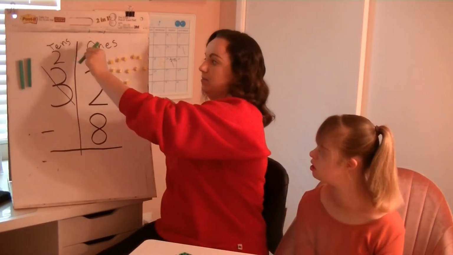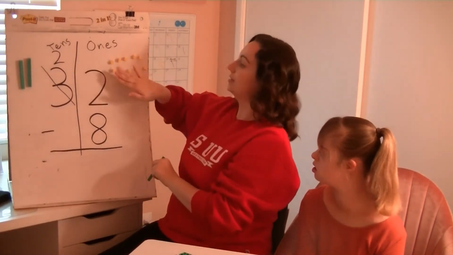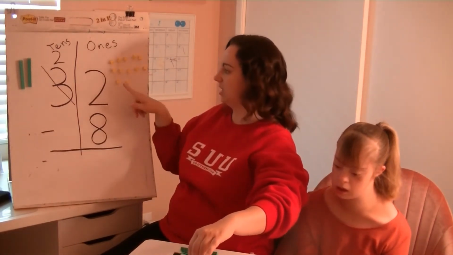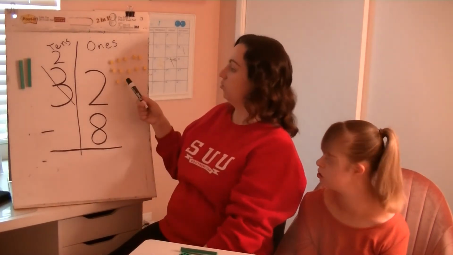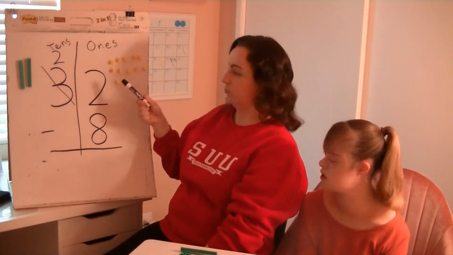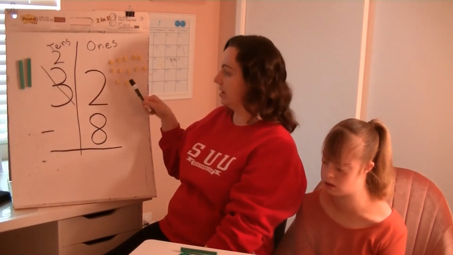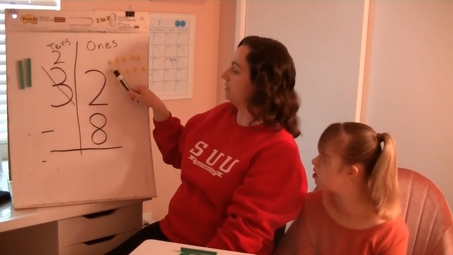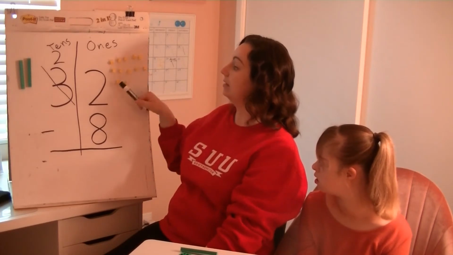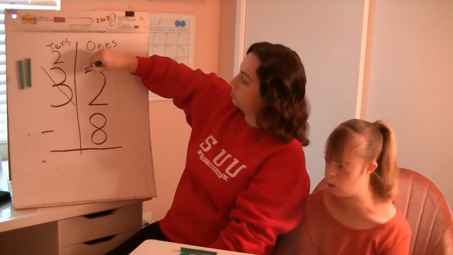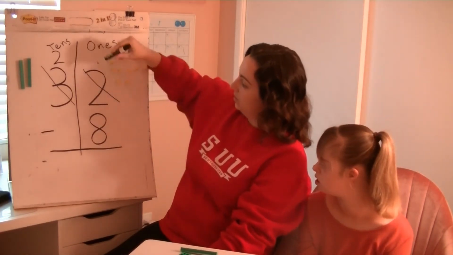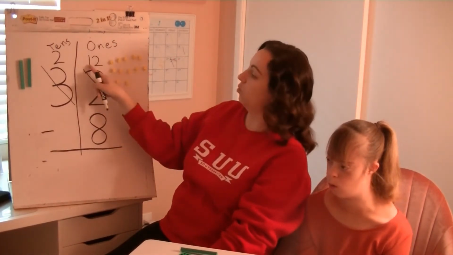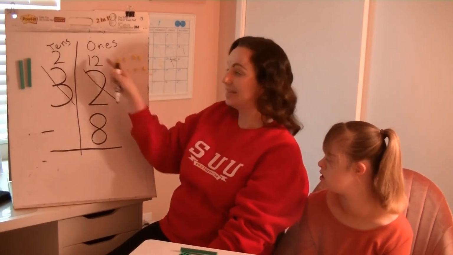Remember, this 10 that we got from next door turned into 10 over here. So now, instead of just having 2 ones, we've got 10 more added to it. We now have altogether 1, 2, 3, 4, 5, 6, 7, 8, 9, 10, 11, 12 ones. So we cross out this 2, and it's now 12. Again, a 1 in front of it, because we added 10 to it.